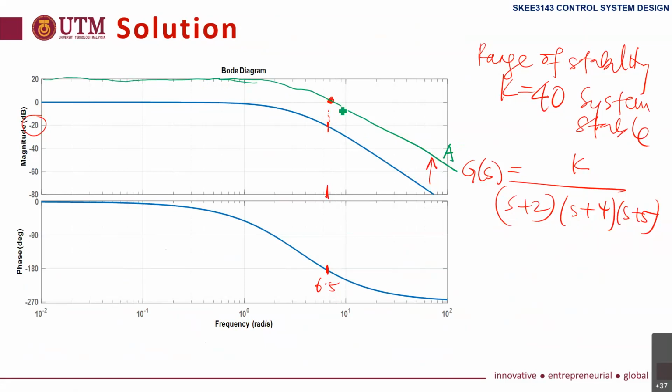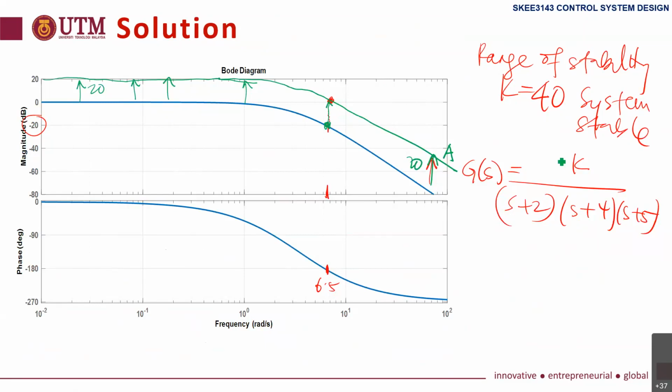If we increase from here to here, that means I increase from minus 20 dB to 0 dB. All increase by 20 dB, in parallel.